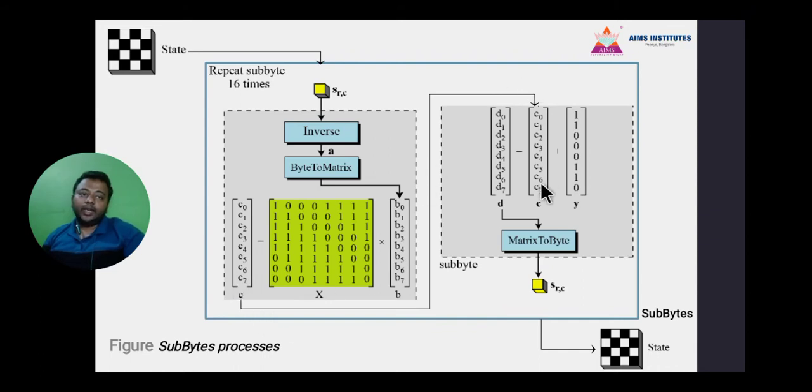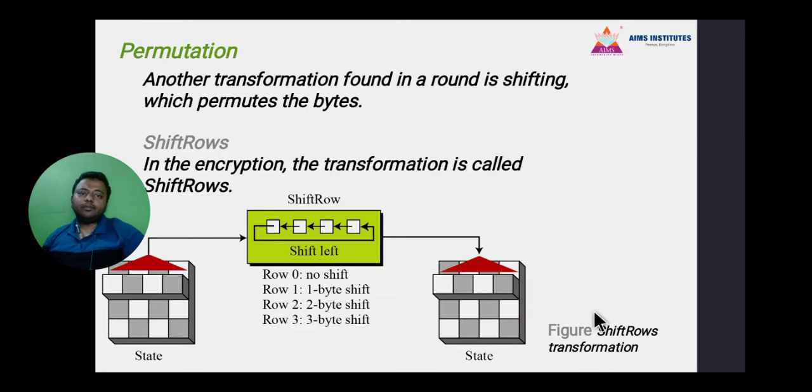This ciphertext is compared with the D and Y, and the matrix to byte data is transferred to the state as a ciphertext. So this is what we call the sub byting process.